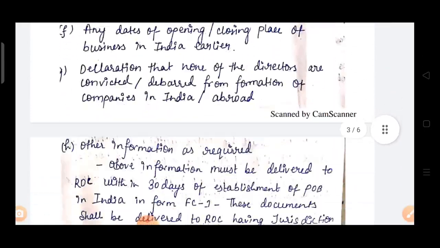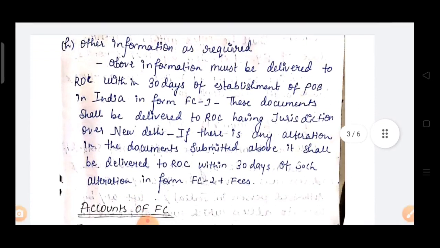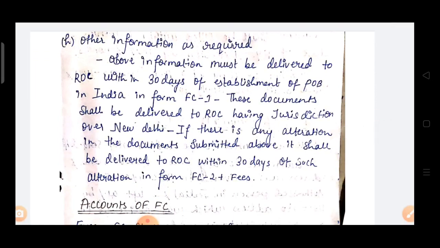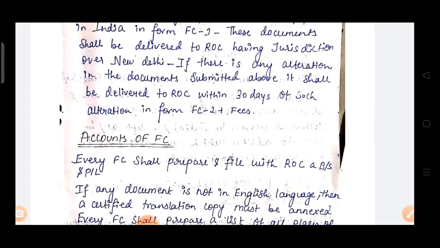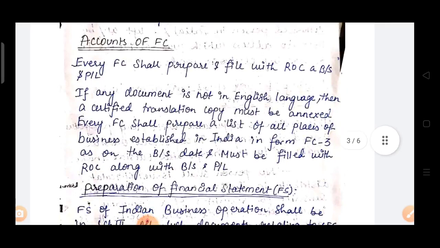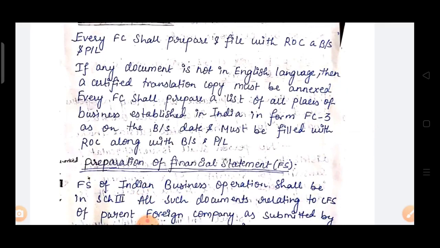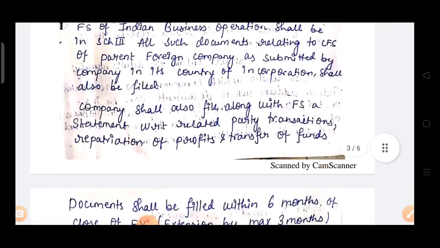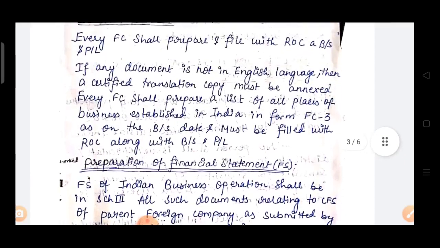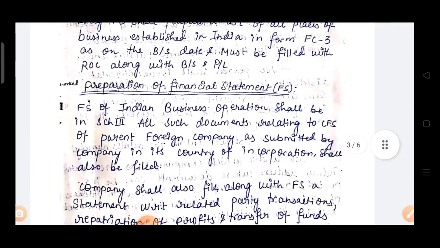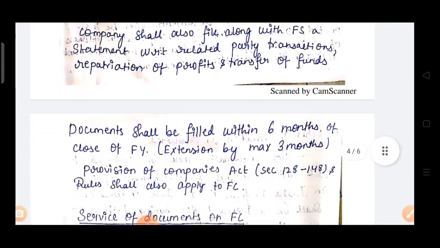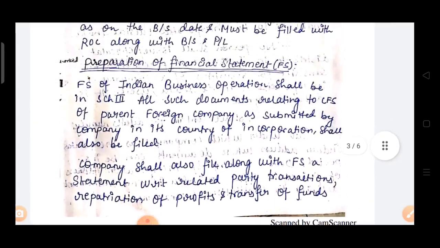In this also, FC1 is to be delivered within 30 days of establishment of place of business. Then alteration: FC2 is to be delivered within 30 days of such alteration. Then FC3 is to be submitted along with the balance sheet and P&L.